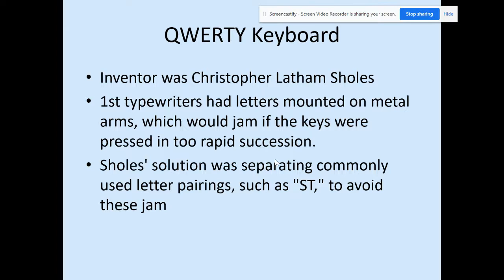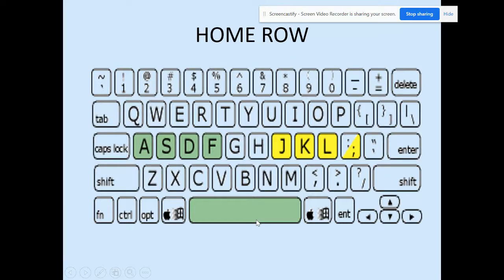And what happened is when people started increasing their speed, the letters would get jammed. For instance, like an ST. So Christopher Sholes said, we need to stop this. And he created the QWERTY keyboard, and it was debuted in 1874.